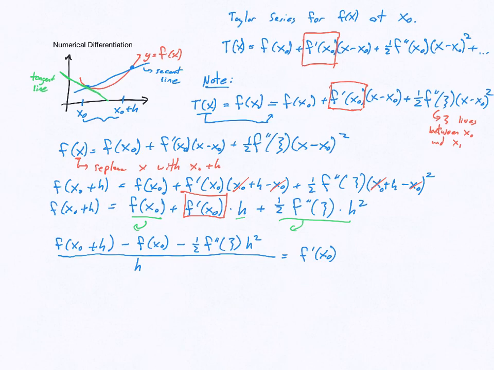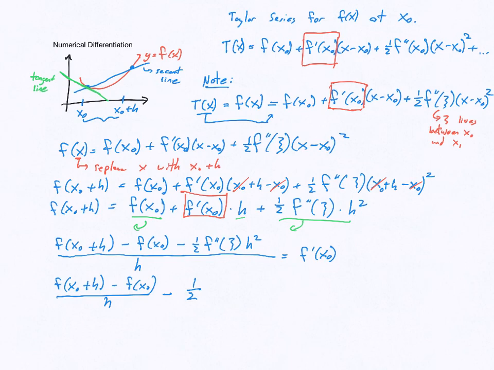Now let's see if we can simplify this a little bit. We're going to have f of x naught plus h minus f of x naught divided by h minus 1/2. And you'll notice that in this last term here, there's an extra h. So let me point that out to you. You'll see that you actually have h squared, and when I divide by h, that just goes away.